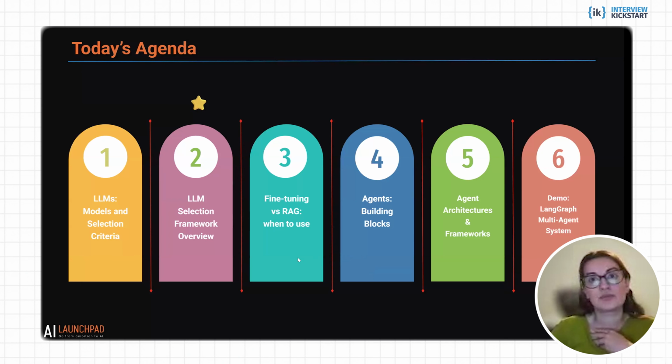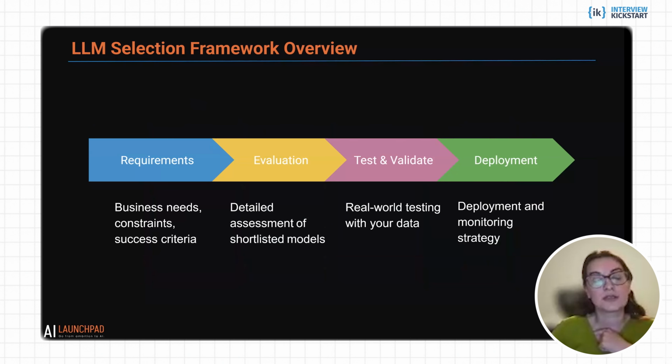Now let's move to the next phase. Let's talk about a framework that can help you actually choose the right LLM for your use case. As I said, the backward process that I told you about includes 4 steps. We have the requirements gathering, and this is where we recommend most of the customers to spend their time.